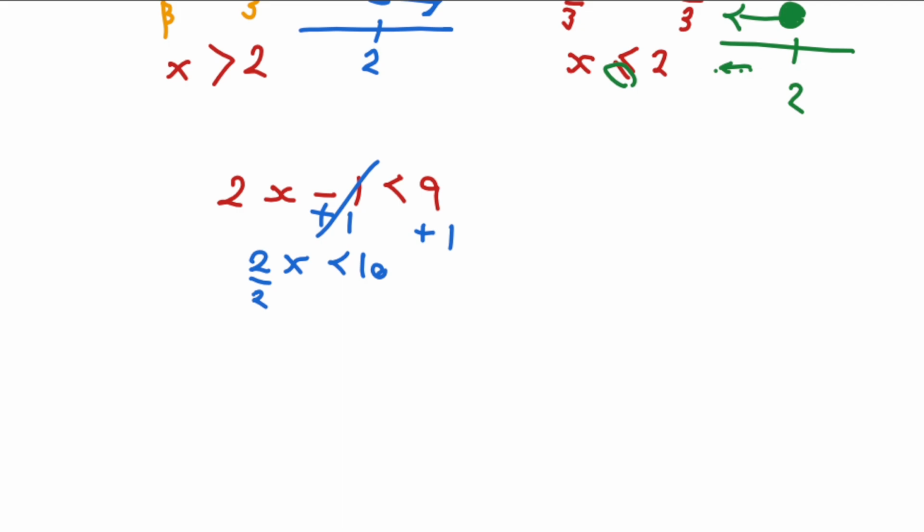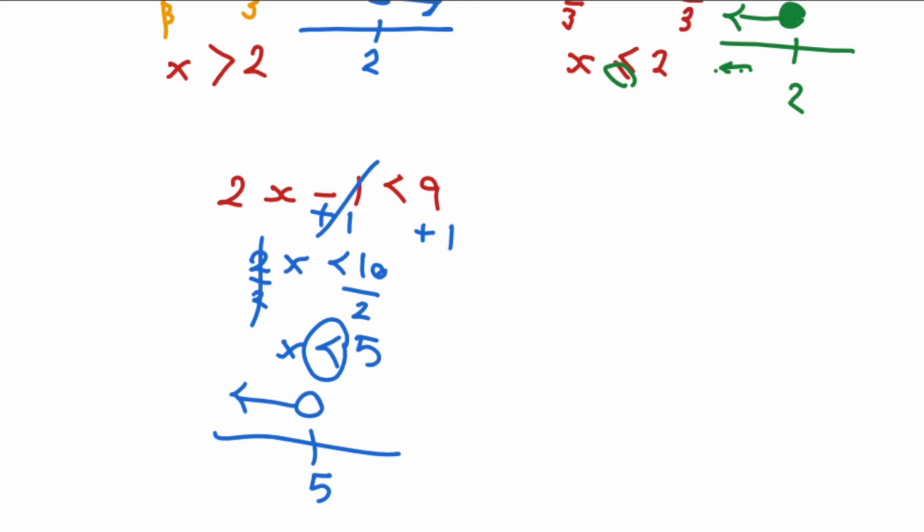Divide by 2, divide by 2, and then the 2 will cancel, so you'll have x is less than 10 divided by 2, which is 5. How do you represent this? Bring the number line, start at 5, and it's less than 5. So we start at 5 and we go to the negative numbers. And that's it for this question.